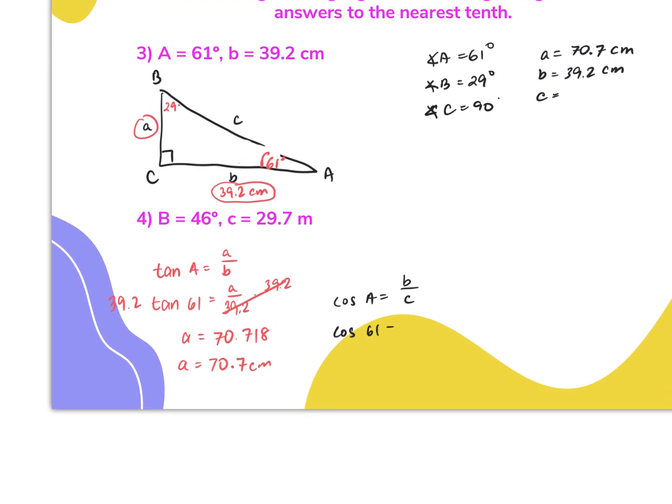Cosine of 61 equals adjacent, 39.2 over c. Now again, because I have a variable in the denominator, the math is a little bit more of a pain, but it's not super hard, okay? It's basically going to be, I multiply both sides by c, and then I divide by cosine of 61. So I'm going to get c equals 39.2 divided by cosine of 61.